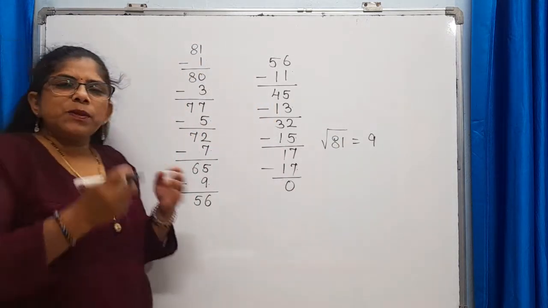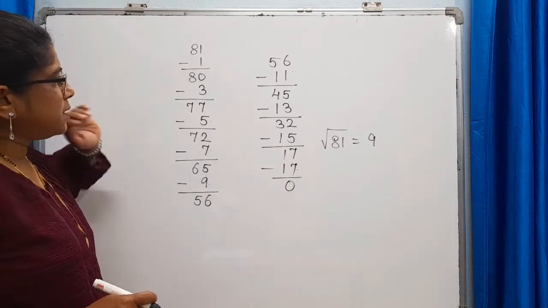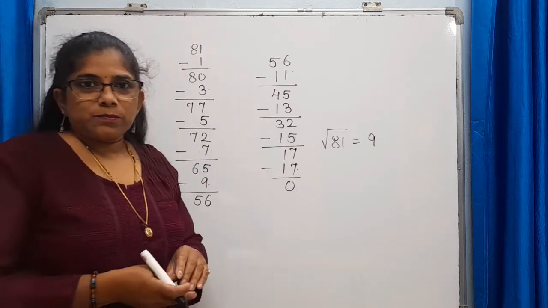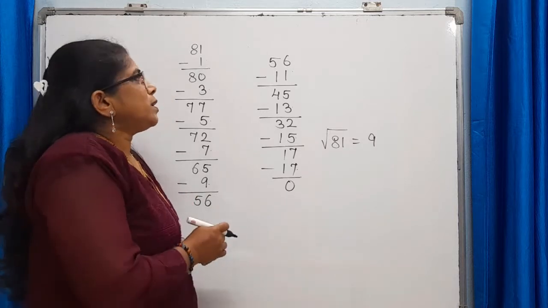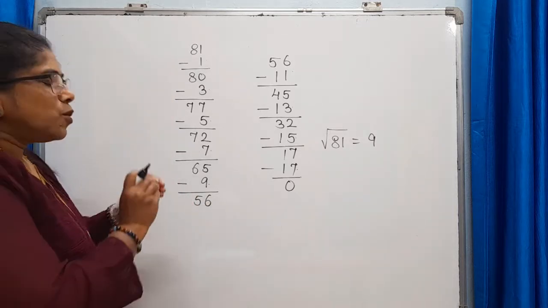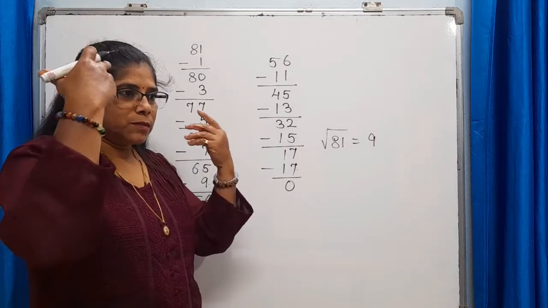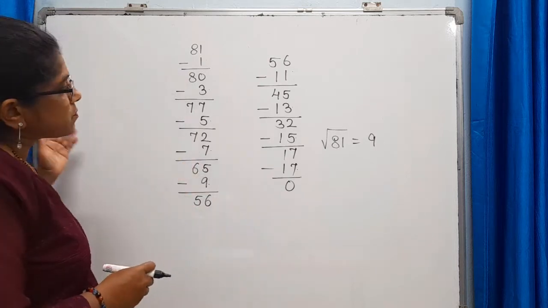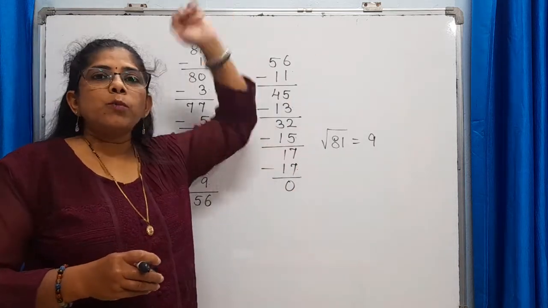This is quite a simple method, very simple method, and it can be easily applied to perfect squares. But the drawback of this method is we can apply it only for smaller numbers. Now if the number is something higher, like 900 or something like that, then we will have to do subtraction of so many numbers.